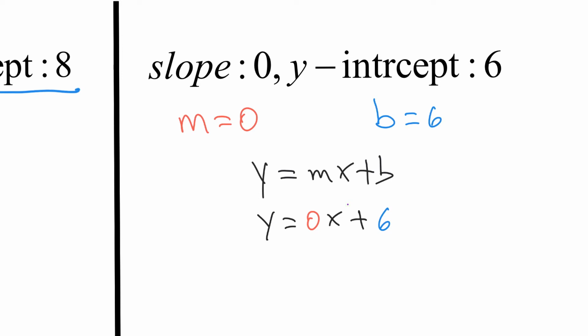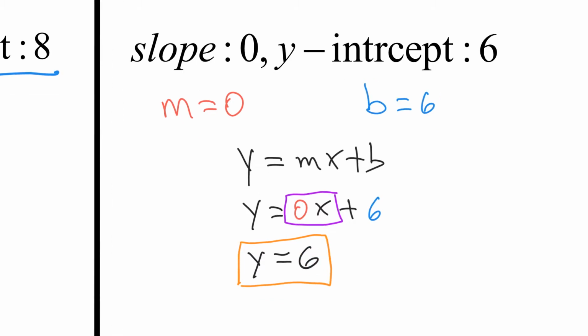Now you guys already know that anything times 0 is 0. So actually we don't need to write that down, 0x. So we can just write it as y equals 6, which is my y by itself. That is the slope-intercept form. And we have everything else on the other side.